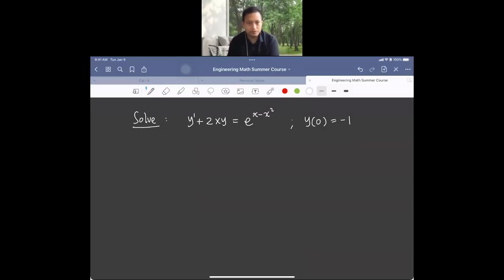I give you a few minutes to try and check whether you are able to use the integrating factor.